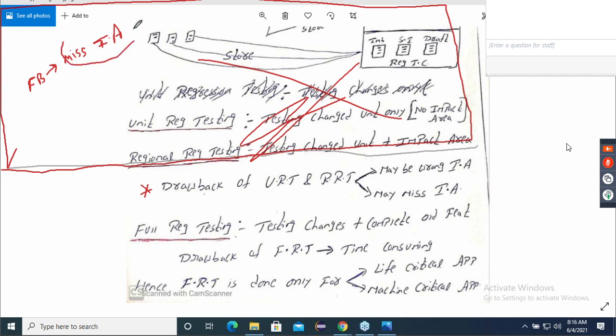Because of this missing impact area, customer found an issue in the old feature. Let's assume the customer is not able to upload his photo in Facebook.